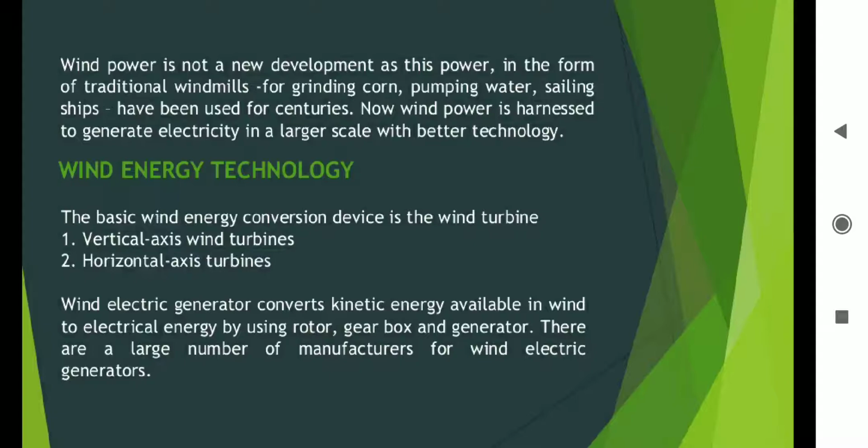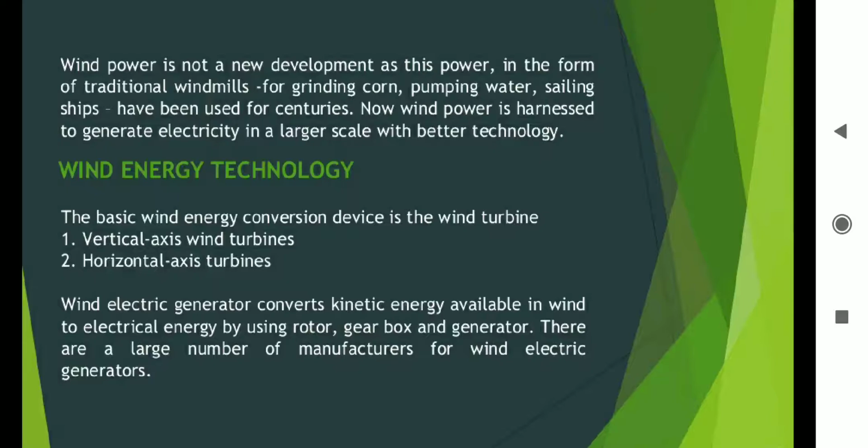Now let's see the classification of wind energy turbines. There are basically two types of classification. First is the vertical axis wind turbine, and second is the horizontal axis wind turbine. The difference is the location of the axis of the turbine, and there are various purposes where we use vertical axis and horizontal axis.